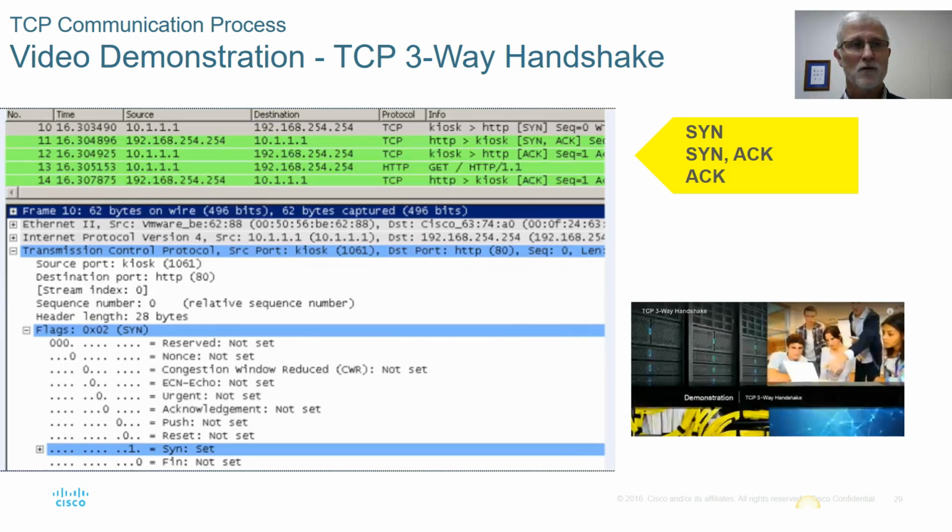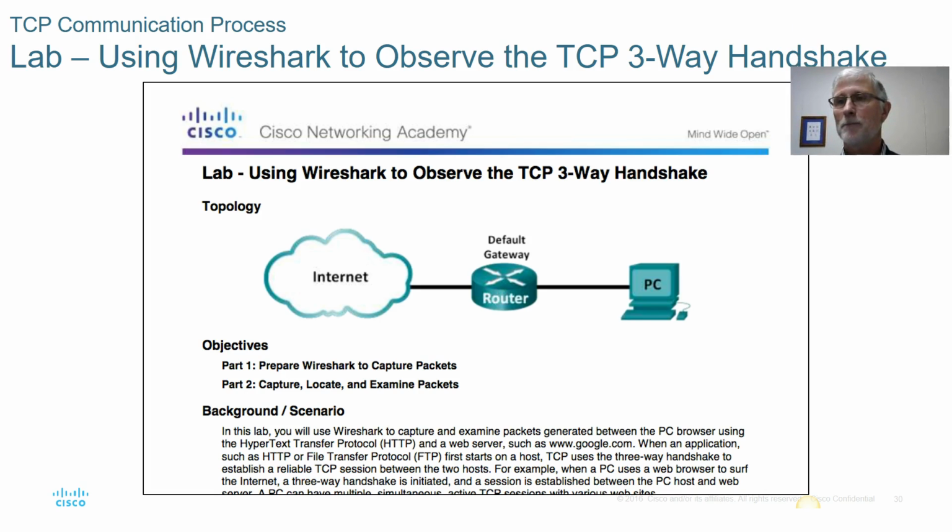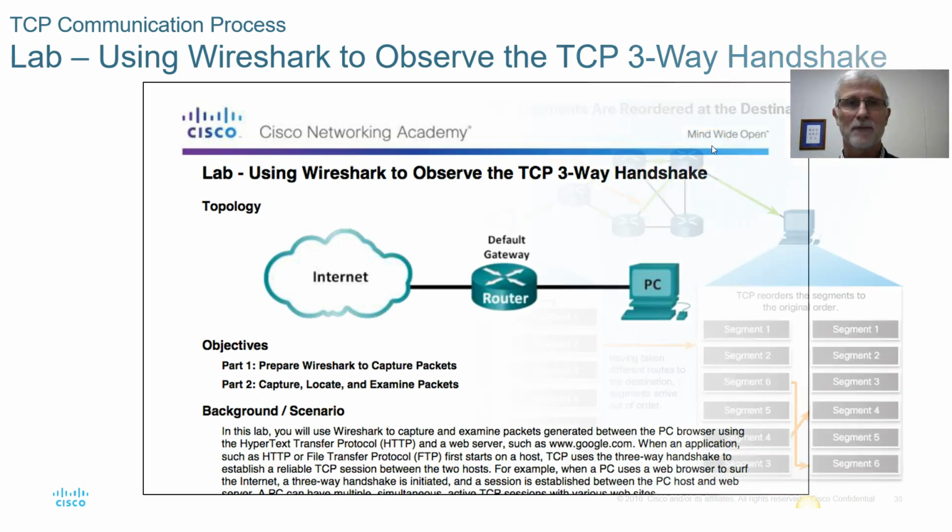There's a great video on Netacad on the three-way handshake. I would take a look at it. You're going to do a Wireshark lab on the TCP three-way handshake, so you're just going to observe. You have to find a PC. It can be a wireless or wired connection, but that's what you're going to be looking at.